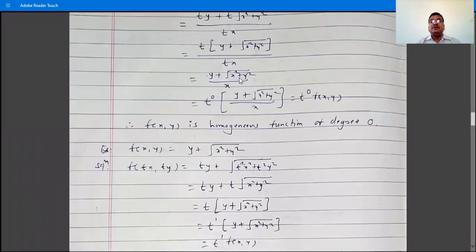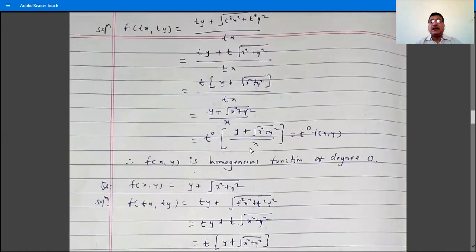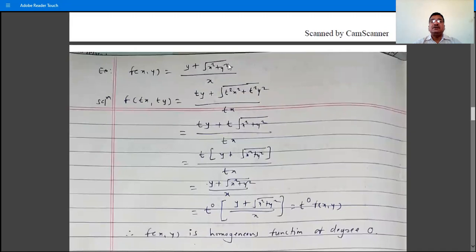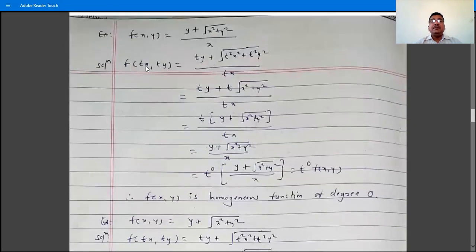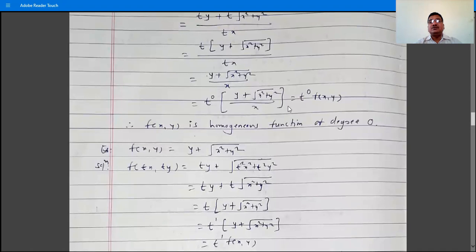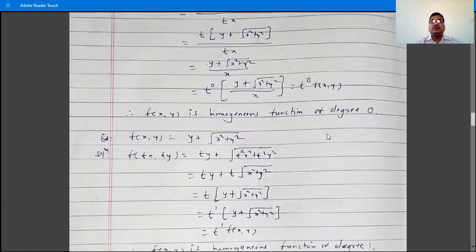So we have (y plus root x square plus y square) divided by x, and that is t raised to 0. T raised to 0 is 1. So it is t raised to 0 in bracket (y plus root x square plus y square by x). That is, we have t raised to 0 f of (x, y). This bracket is f of (x, y). So f of (tx, ty) is expressed in the form t raised to 0 f of (x, y), and therefore f(x, y) is a homogeneous function of degree 0.